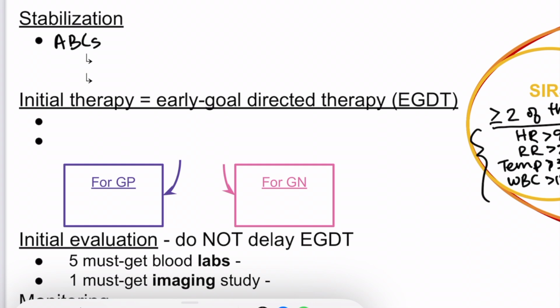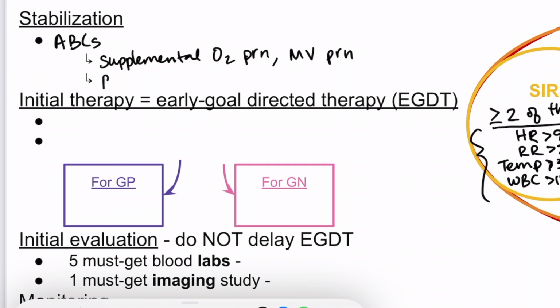We've kind of already assessed their airway and breathing because he's talking to us and able to interact. If they needed supplemental oxygen, you'd want to give that PRN. And if for some reason they needed mechanical ventilation, you'd want to acquire that as well. The next thing to assess is circulation.